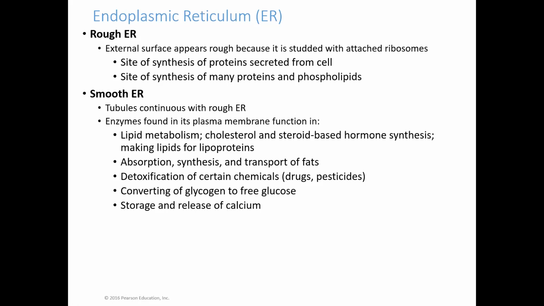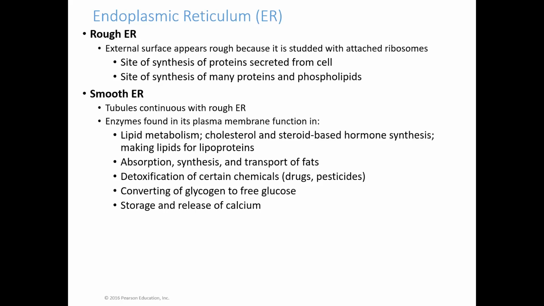We use it, among other things, to store a lot of calcium. It turns out that we need lots of calcium for muscle contractions. We have to have a great deal of calcium for muscle contractions, and we store it in the muscle cells in the smooth ER. We also make our cholesterol-based hormones in smooth ER.